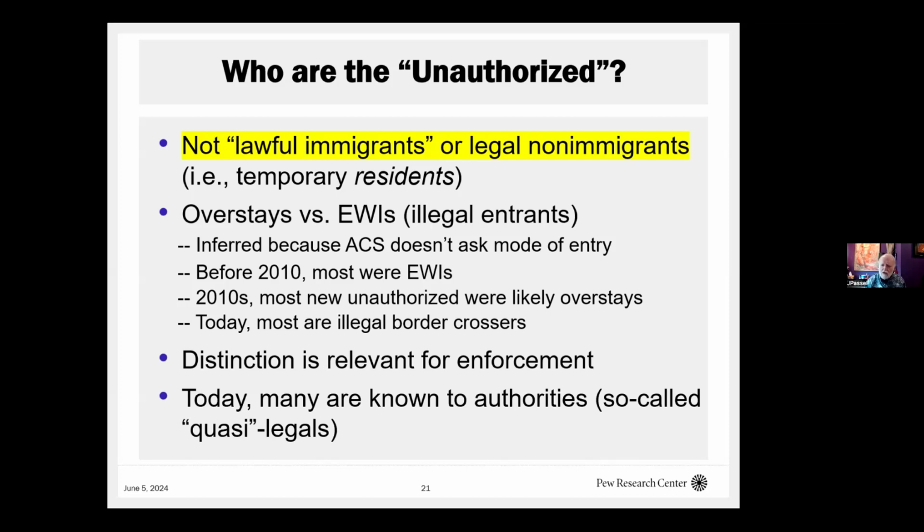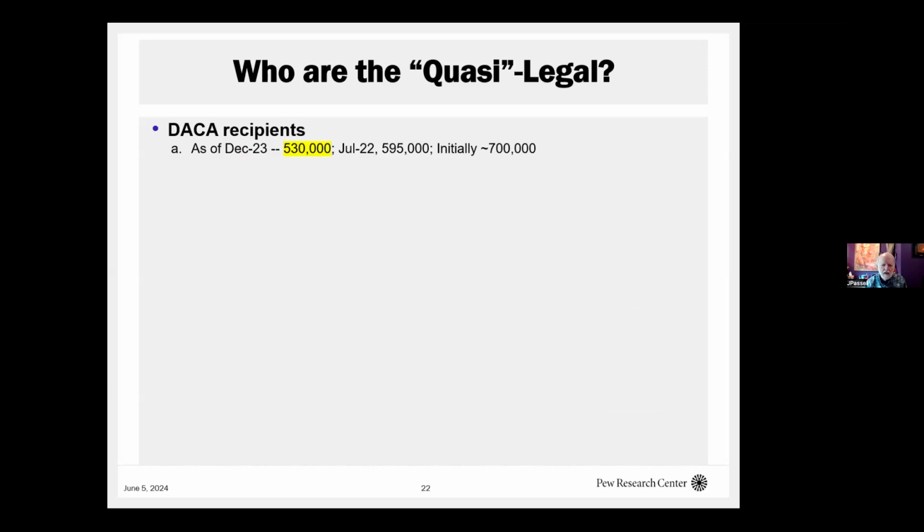There are a large number who are actually in what we've been calling quasi-legal categories. What used to be the largest of these are the DACA recipients. These are deferred action for childhood arrivals. This was an Obama initiative that allowed people brought as children to, the goal was to get them legal status.